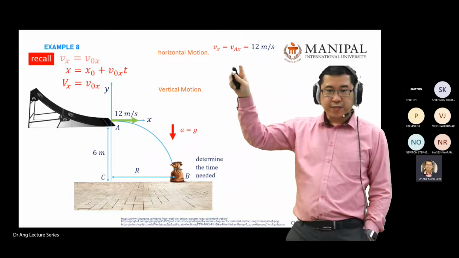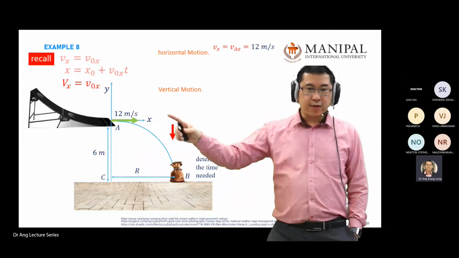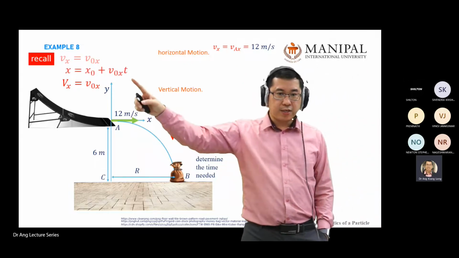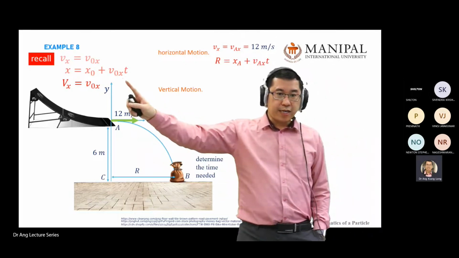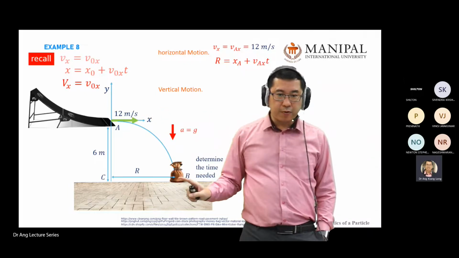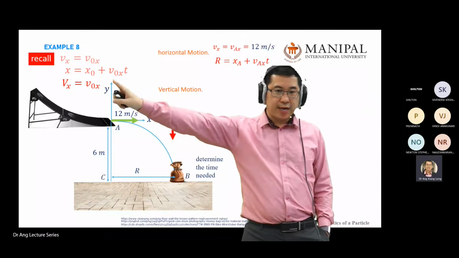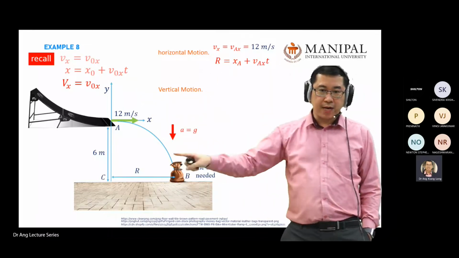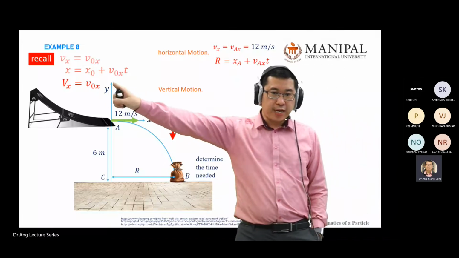So we have the first answer, Vax equal to 12. Next, we look at the next equation that you derived. You modify accordingly. X is the end position. Where is the end position from origin? R. X becomes R because R is the one that you want to find. Where is the origin X?